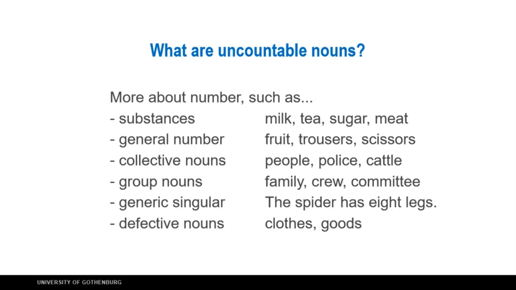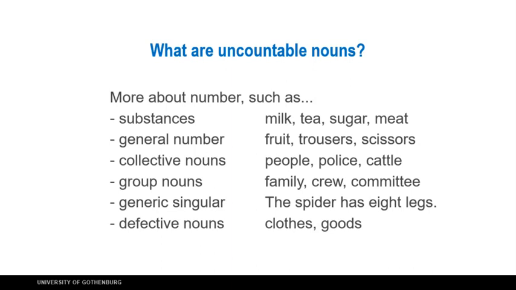And then we have some nouns that could be called defective. They have a plural form and they denote many objects, but they don't have a singular form, so we can't use that word to say something about one object.